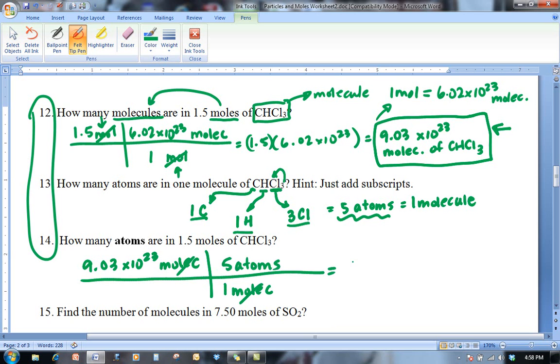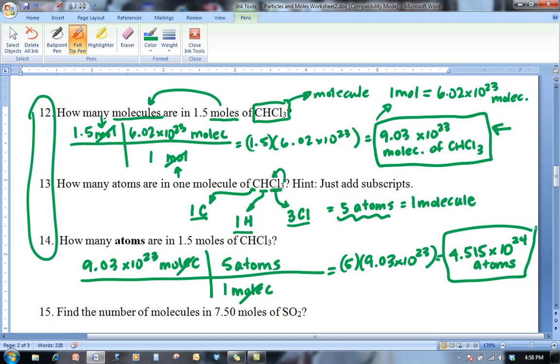Molecules cancel. I have 5 times 9.03 times 10 to the 23rd. And my answer is 4.515 times 10 to the 24th atoms. And if you want to round this number up to 4.52 times 10 to the 24th, that's fine as well.